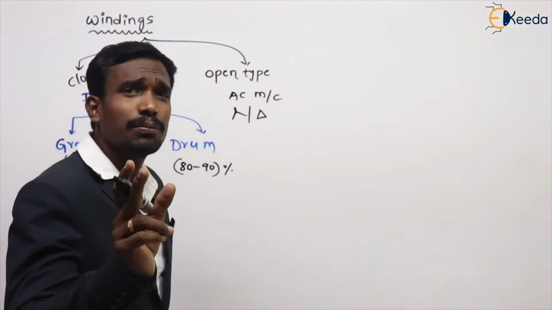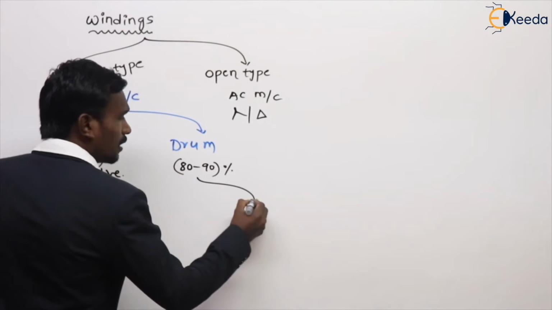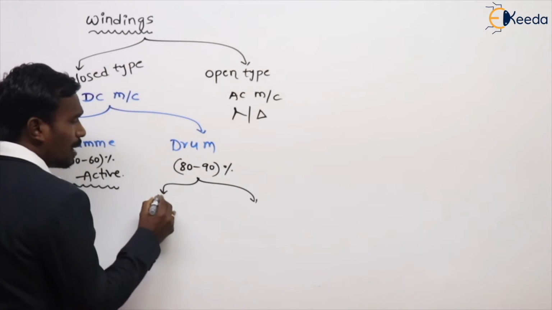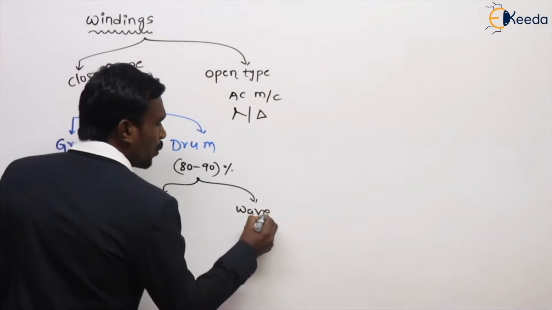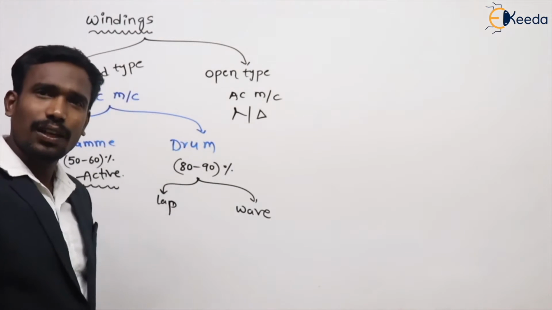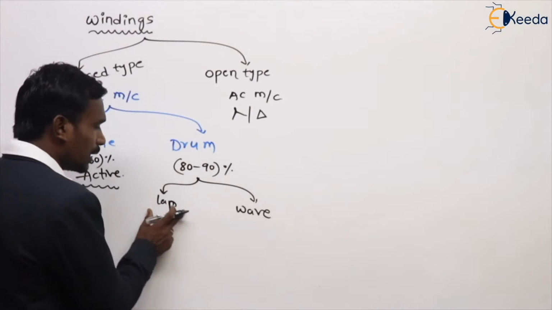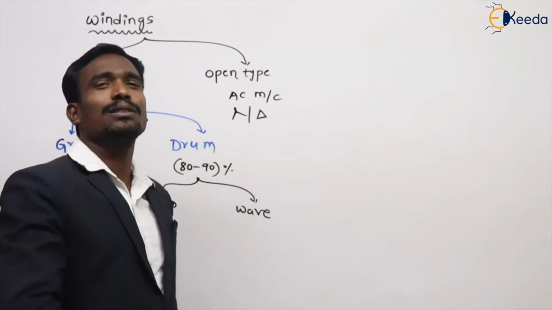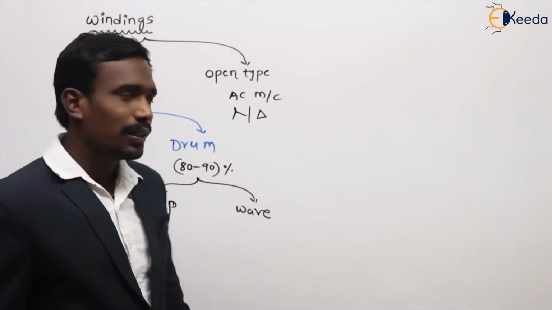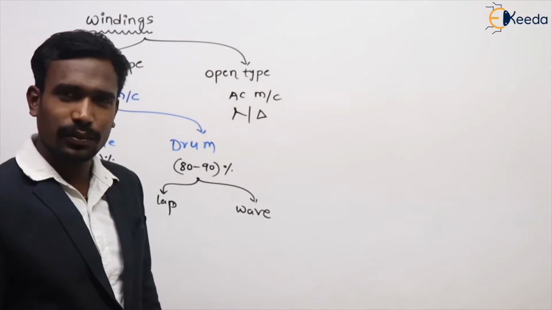The two types are lap winding and wave winding. Are you getting it or not? Lap winding and wave winding are very well known to you people. DC machine windings are of these two types.